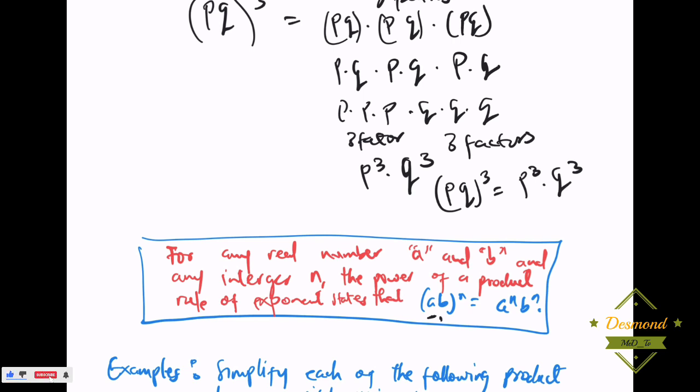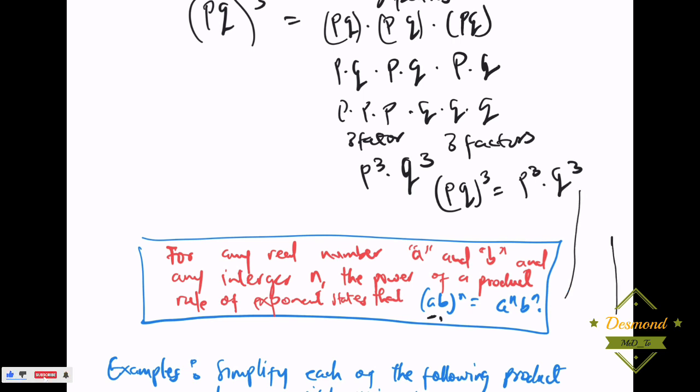So (ab) in one bracket exponent n should be equal to a exponent n, b exponent n. So that is the power of a product rule of exponent. Now let's look at some examples.